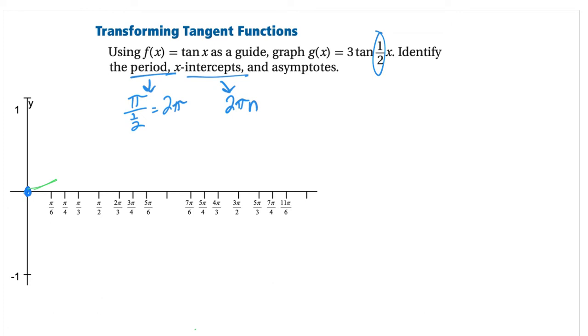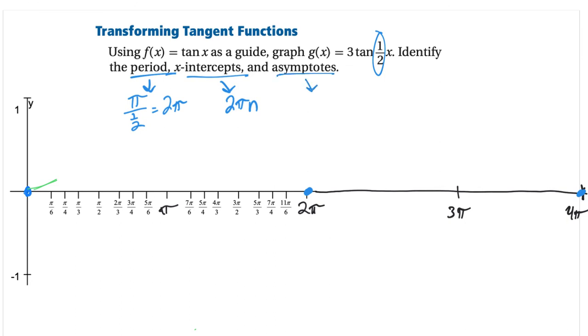And this means that then the next one would happen at 2 pi if the period is 2 pi. So I can already see that this is going to make my graph really spread out. So I'm going to extend it out here, and I'm going to put in a mark for 4 pi and 3 pi so that I can put one more x-intercept out here at 4 pi.